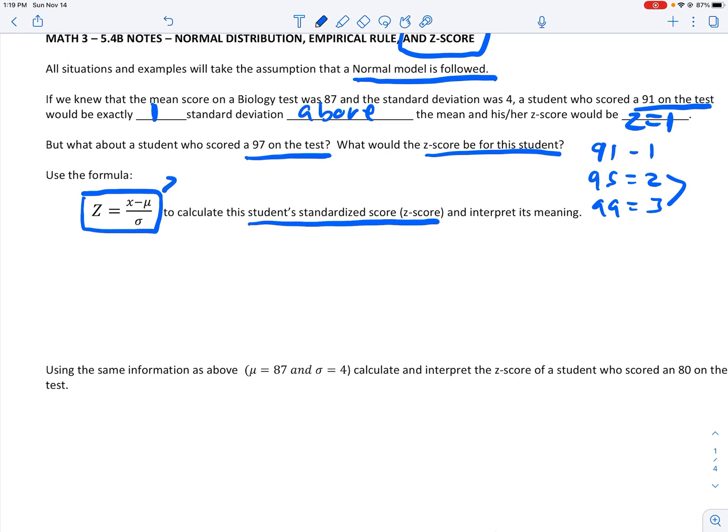So again, the z-score is how many standard deviations from the mean. So if it's a positive number, it's above the mean. If it's a negative number, it's below the mean.